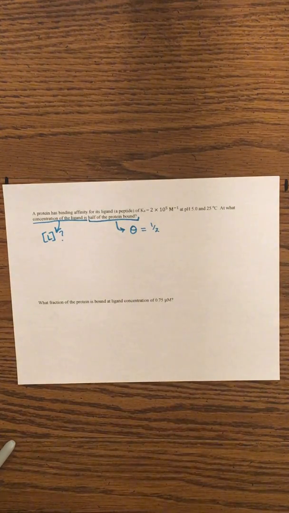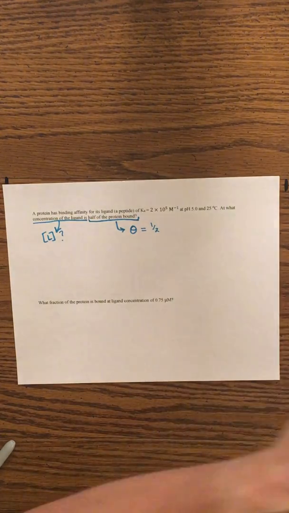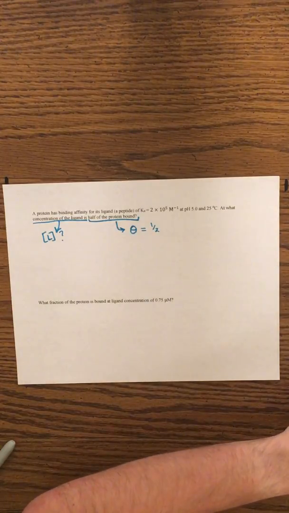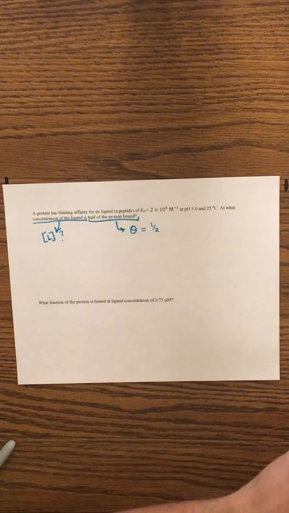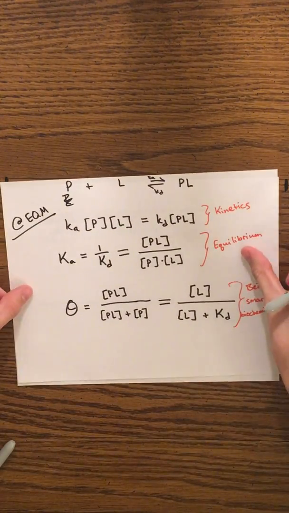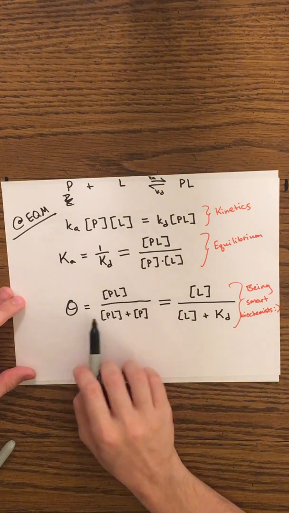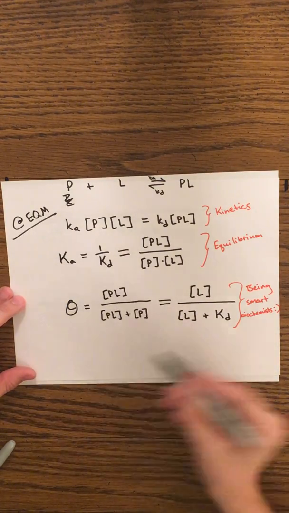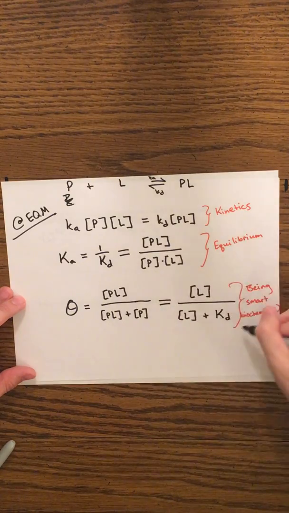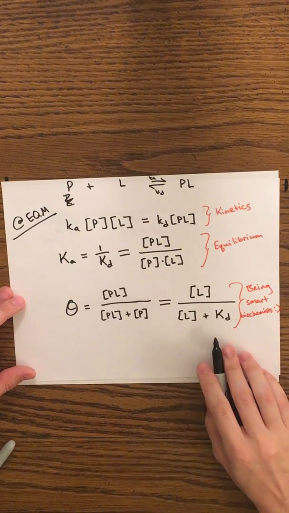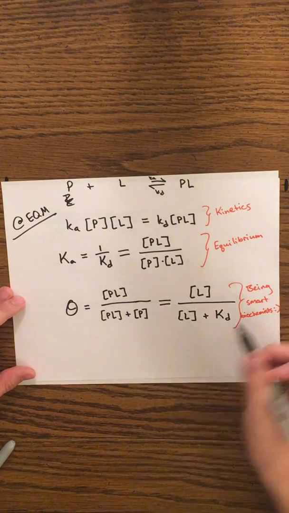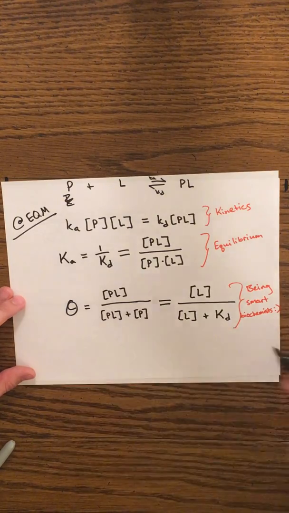So if we look back at our equations, you'll notice that this bottom equation, not so much this stuff, but this in particular is really what's going to be important here, right? Because we have an equation that relates fraction of bound protein and the concentration of ligand.